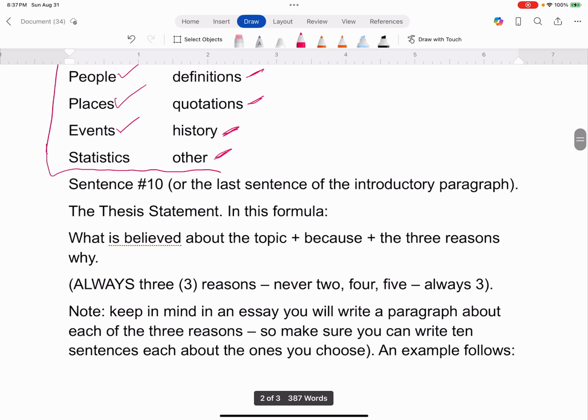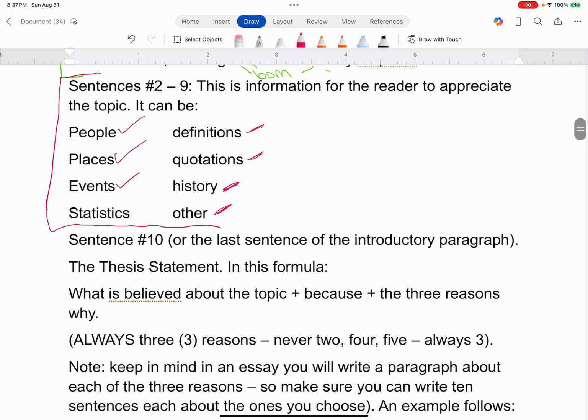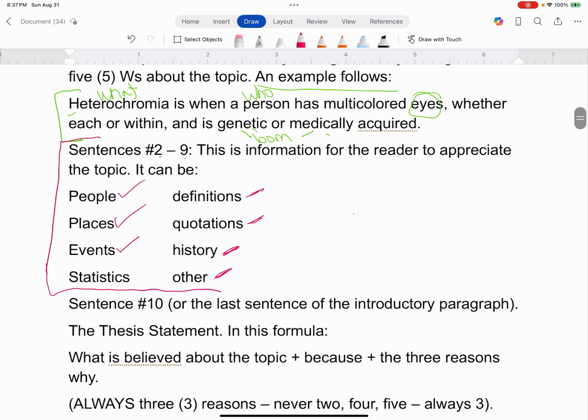So if I wrote that there are three types of heterochromia, what would the next sentence be? The next sentence would be to list those 3 types. And then the next sentence or 3 sentences would be to list what each one of those types were defined as, what each attribute was for showing it. So always ask yourself after you write a sentence, do I need a sentence to explain that? And then you have another sentence racked up toward your 10.